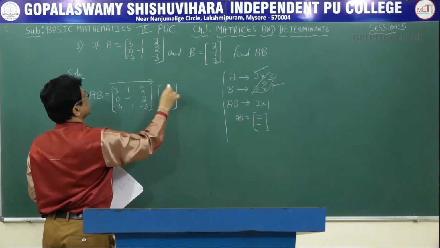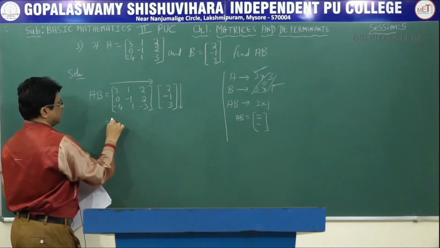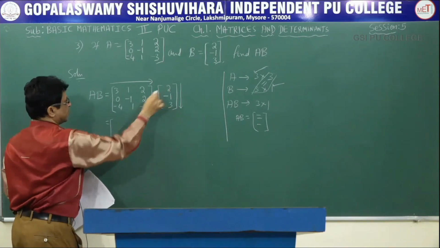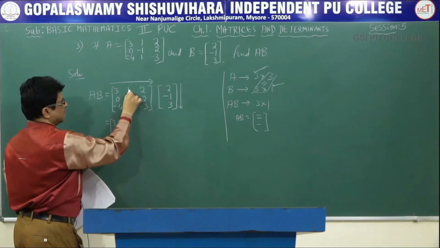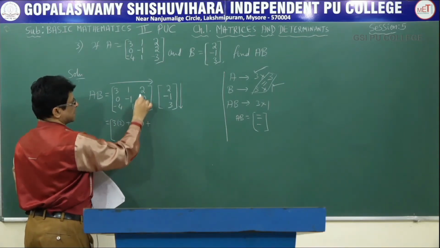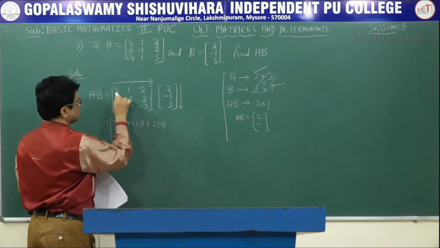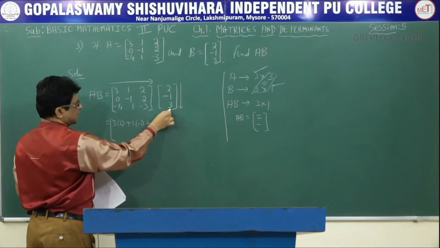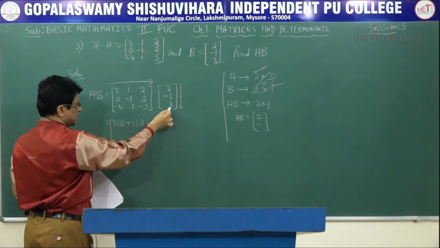So the rule is row into column. So that will be equal to 3 into 2 plus 1 into -1 plus 2 into 3. So that is the first row and the column. Next we go for the second row and column.